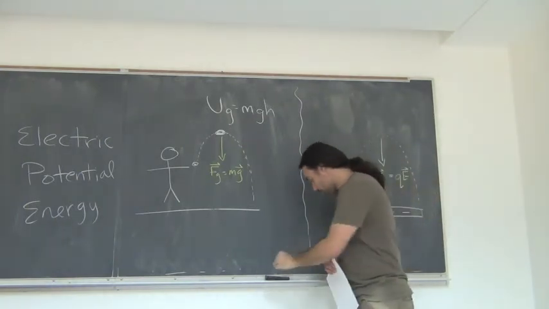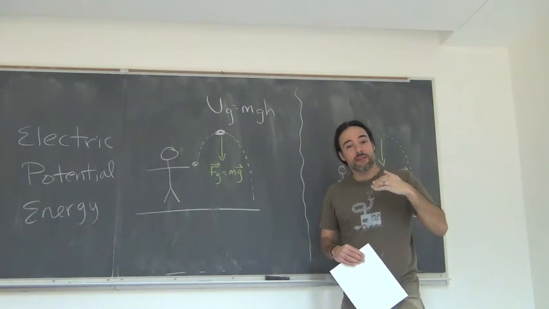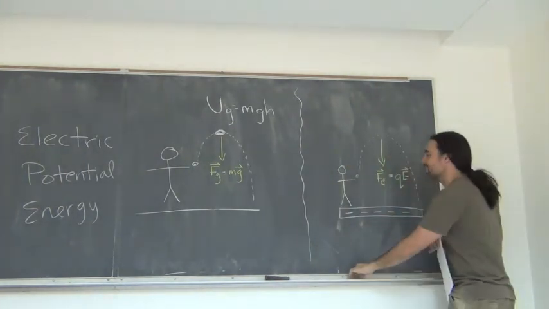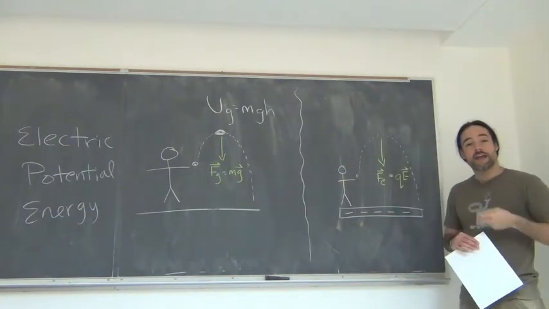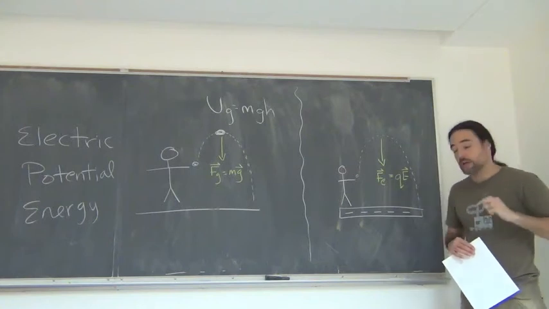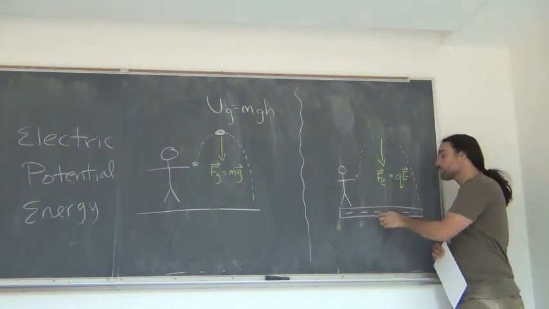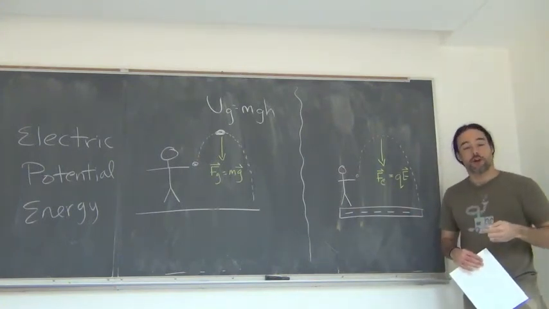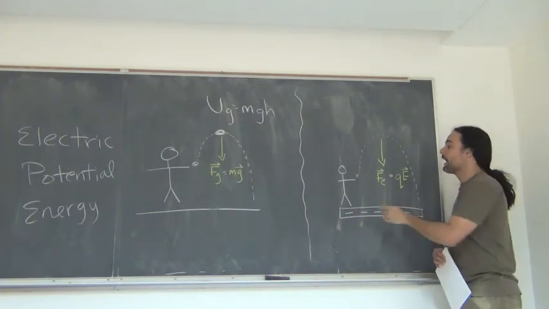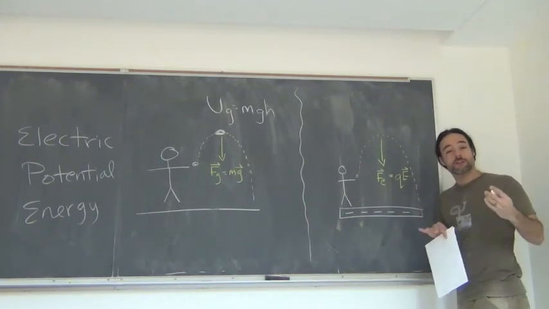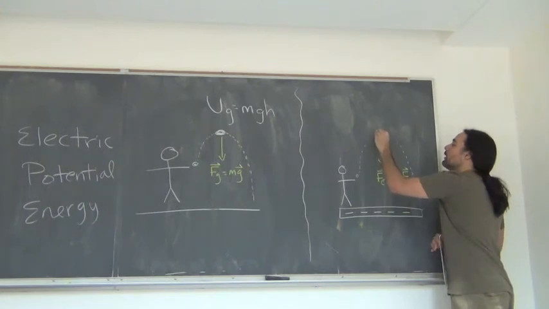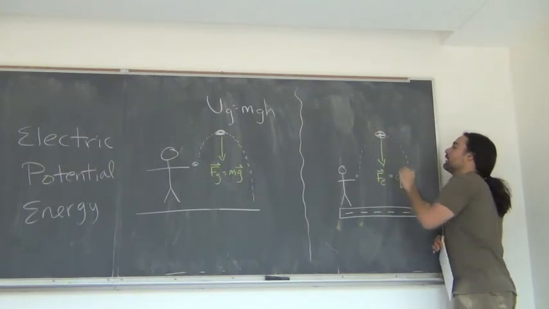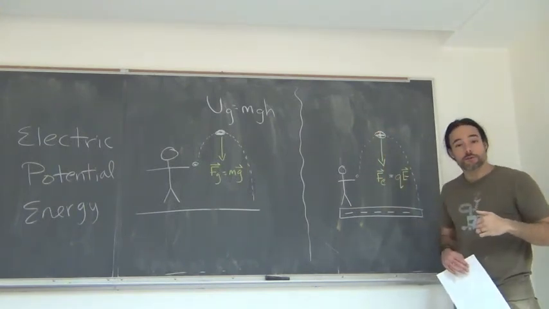Similarly, we can make almost exactly the same picture, except do the same thing with charge now. Suppose you were standing on a plate that's negatively charged, and you throw a ball up, but rather than just being a ball, it's a ball that has some positive charge.